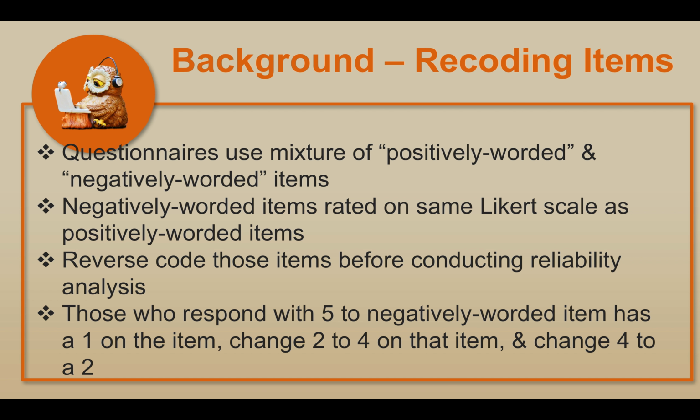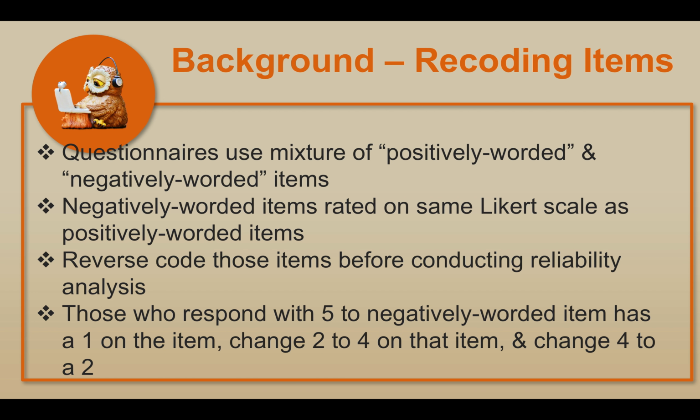So you actually reverse code. If you had a negatively worded item, like good on one side and bad on the other, and the scale went 1 to 5, well, I don't want bad to be a 5 if my other scale items were measured positively with a 5. So I'll reverse code it. I'll have 5 become a 1, a 2 become a 4, and I'll change a 4 to a 2.